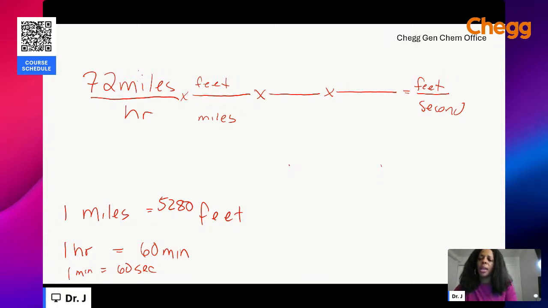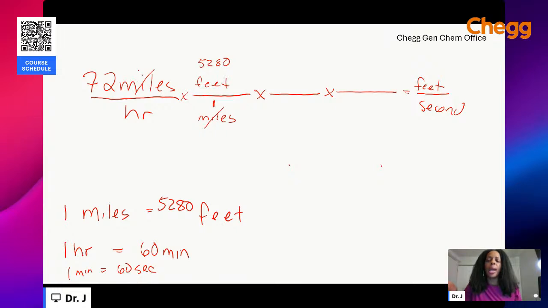Okay. And if we filled that information in, we would say we have 1 mile is equal to 5,280 feet. Okay, we're just translating what we know. Now, at that point, if we stopped, we would be able to cancel out our miles, but we would not have feet per second. We would have feet per hour right now.